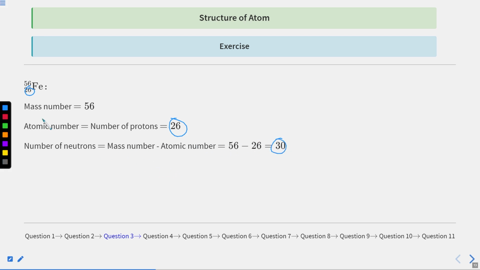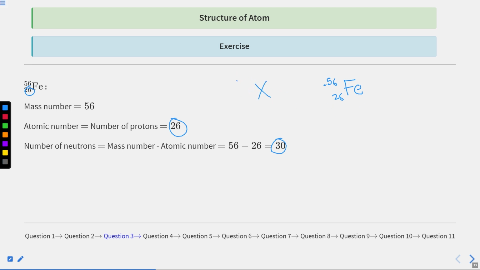For those who do not know what this notation is or have missed this part, let me make it clear. If you compare it with the general way of defining a given atom, it is written in this way.